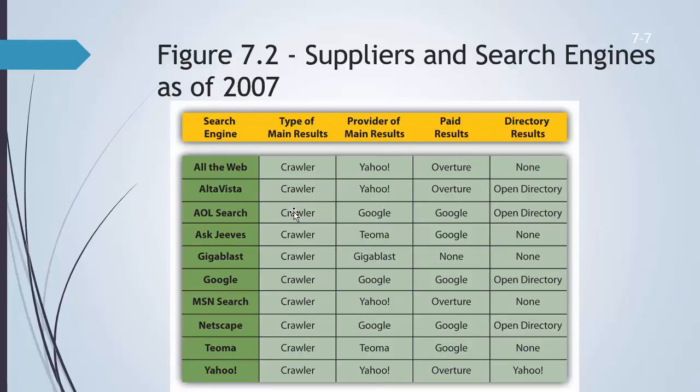Here's something out of your book. It lists the suppliers and search engines as of 2007. And so the big thing that they're leaving out is probably Bing, and they've got the other ones like Google and Yahoo. Some may not even be around anymore. But notice that the main types of results are crawlers.